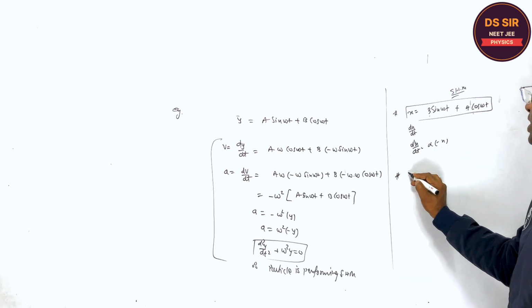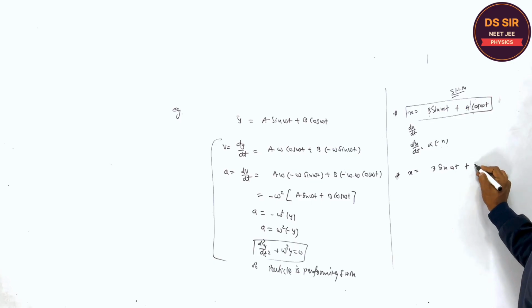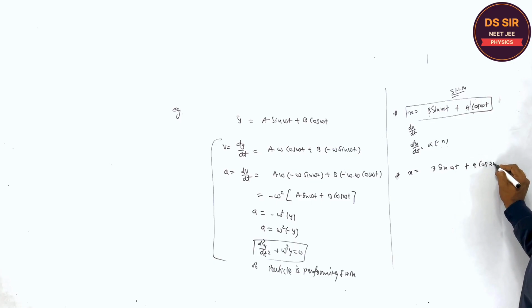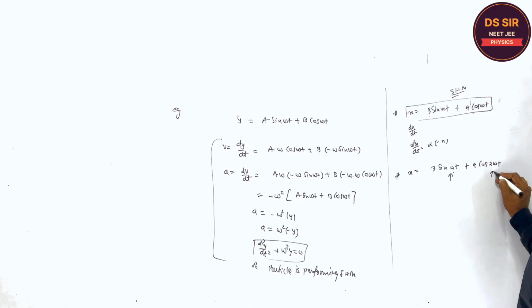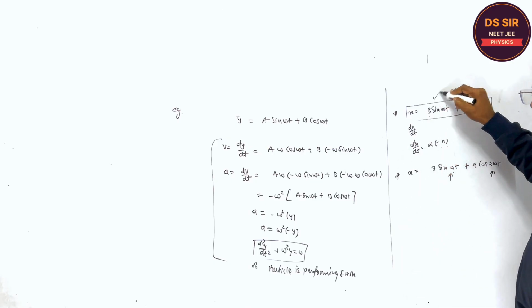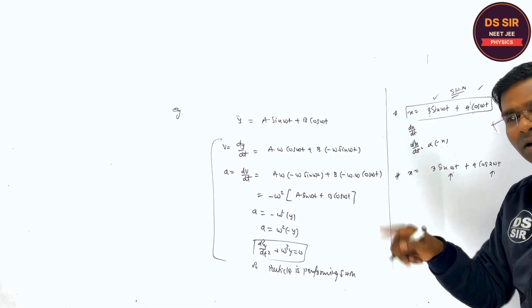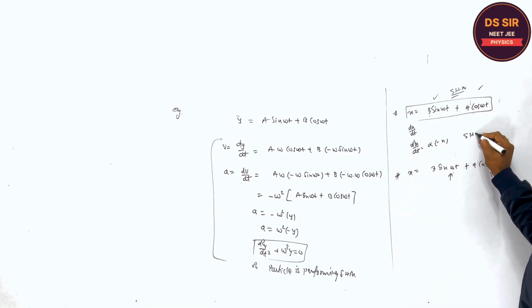But in the second case, if it is written sin omega t plus 4 cos 2 omega t, its frequency is omega and its frequency is 2 omega. So only if the terms added are sine and cos of the same frequency is it SHM.